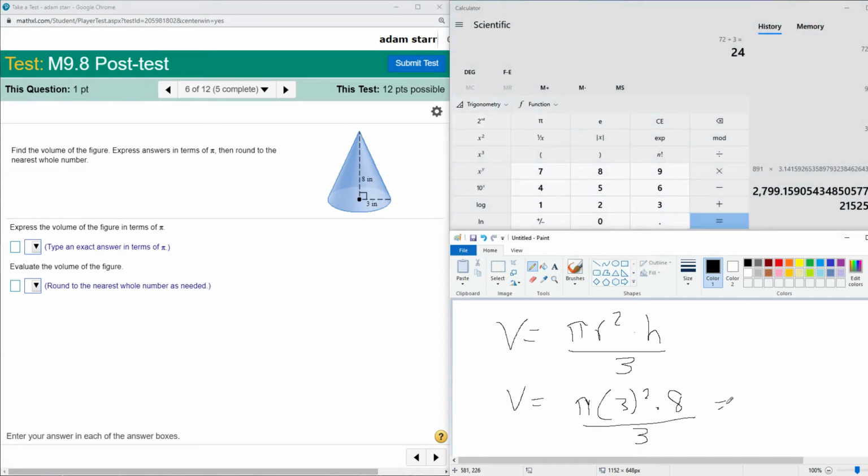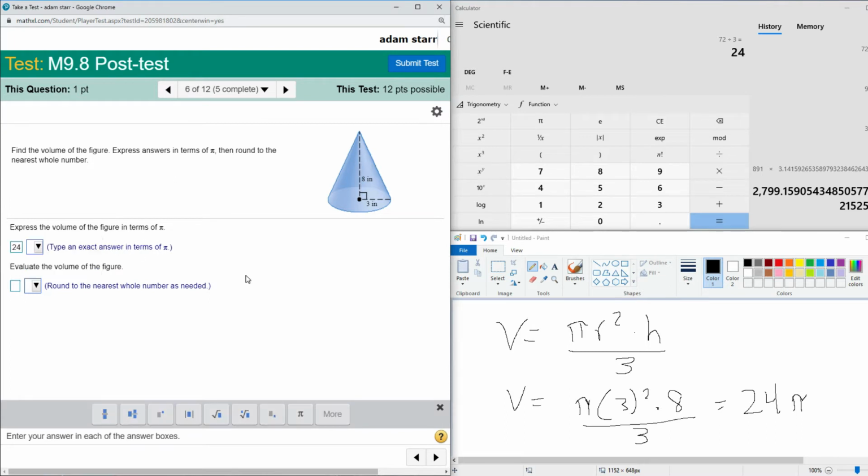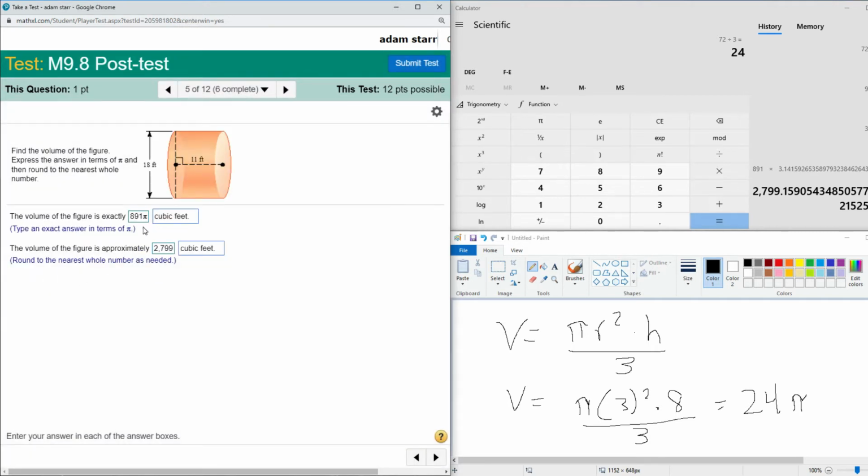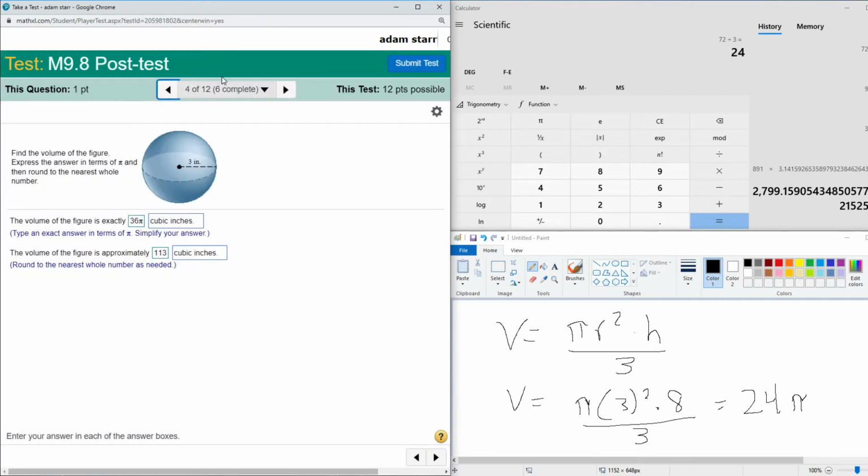So I get 24 pi. And again, that is my exact. We're talking about inches, so the unit here, don't forget the pi symbol, the unit here is going to be cubic inches. I'm just going to go back. I want to make sure I did not forget the pi symbol here. Okay, I didn't forget it there, didn't forget it there.